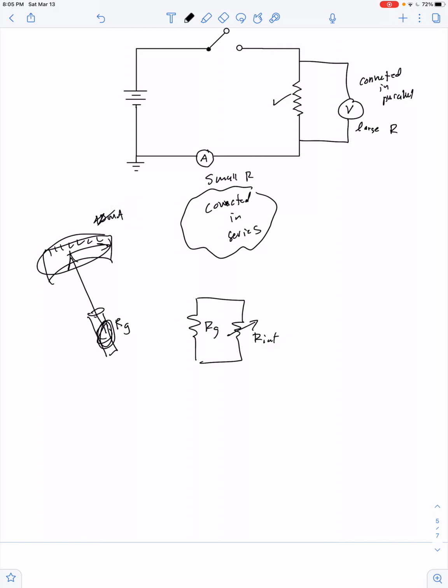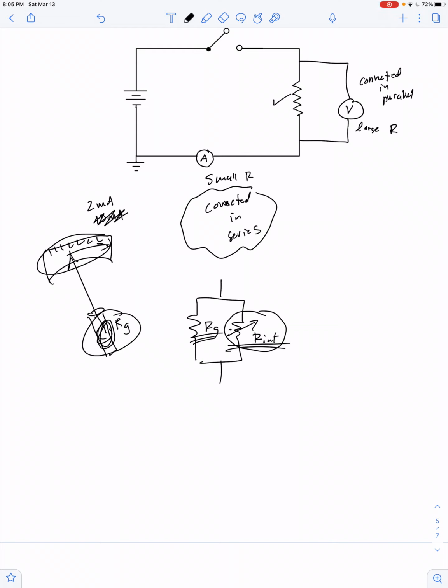In other applications, I might want full deflection to only represent 2 milliamps or something like this. So by changing the amount of internal resistance that I've put in parallel with the galvanometer's resistance, I can change its sensitivity.